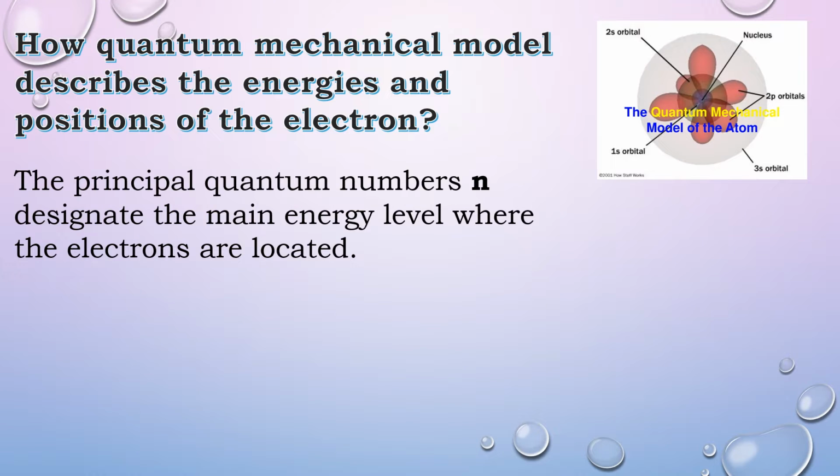The principal quantum number, which is represented by small letter n, designates the main energy level where the electrons are located.